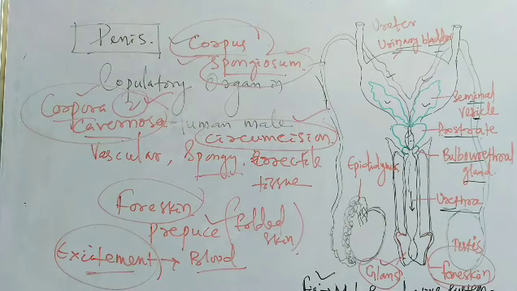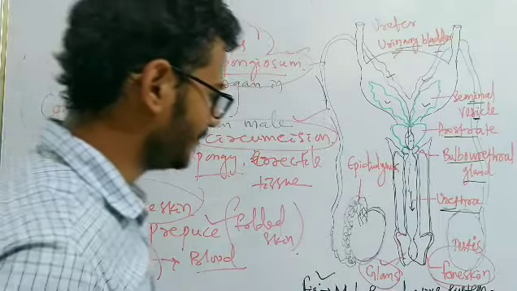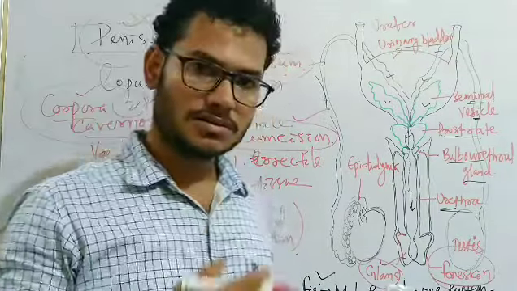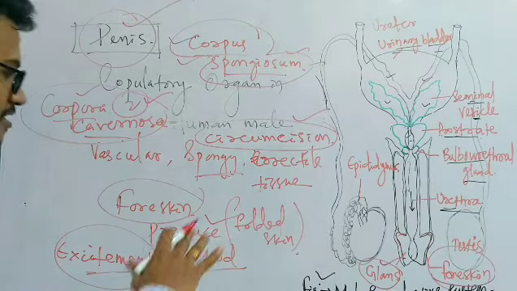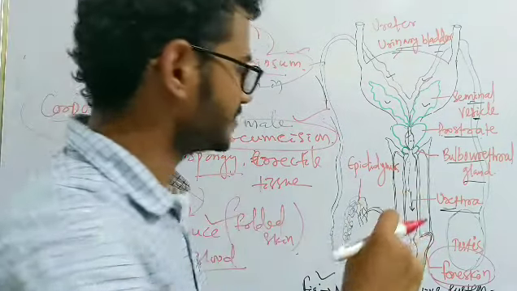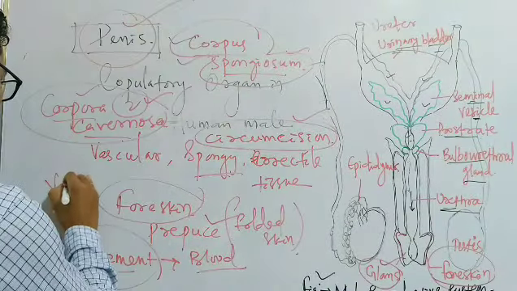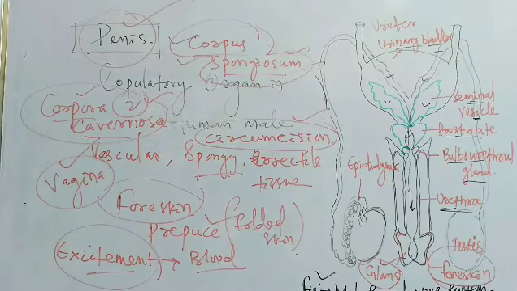The penis, the genital organ of the male reproductive system, serves to transmit the sperms from the male reproductive system into the vagina of the female during sexual intercourse.